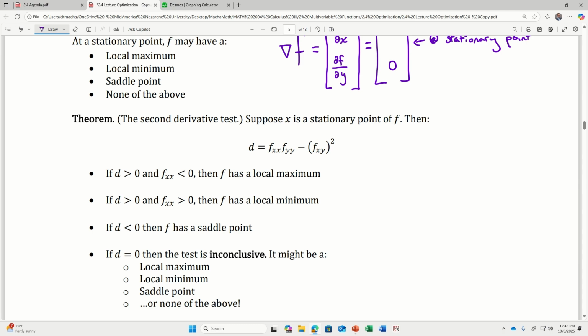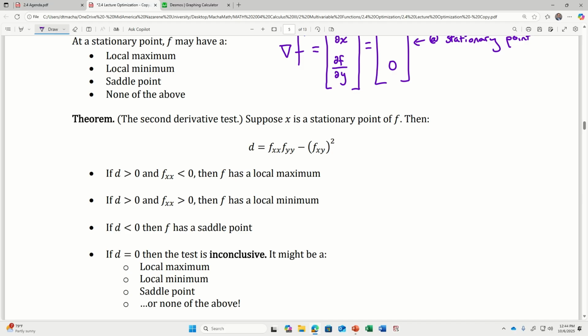And here are the rules. If that number is positive and the second partial derivative of f with respect to x is negative, then f has a local maximum. If that number is positive and the second partial derivative of f with respect to x is positive, then f has a local minimum.